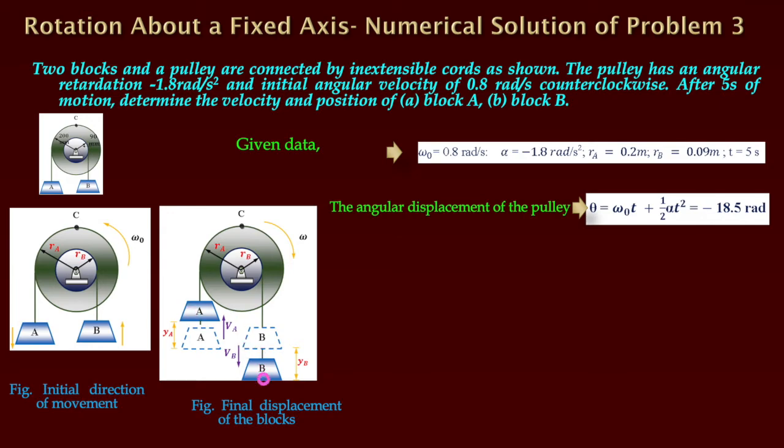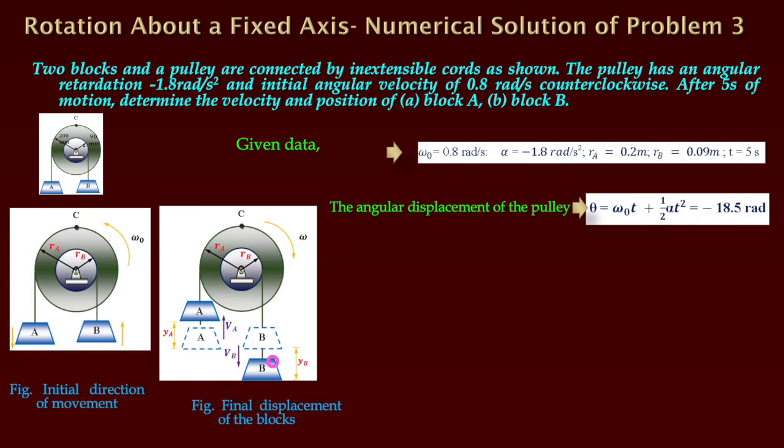The initial and final positions of block B are these two. And here we are representing YA as the displacement of block A during the time period of 5 seconds, and YB is the displacement of block B. We have to find out the magnitudes of YA and YB.